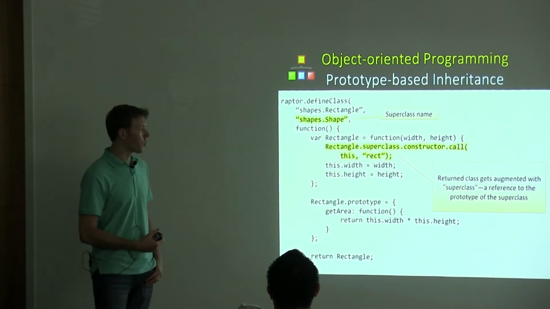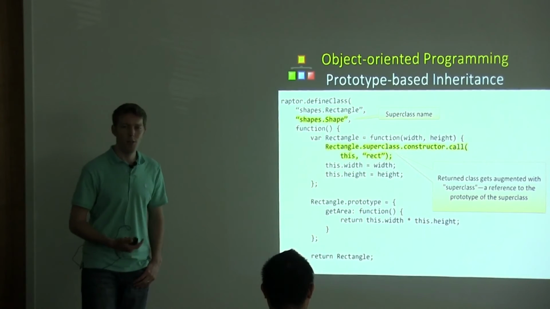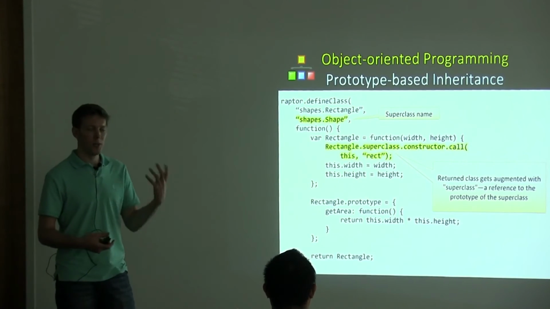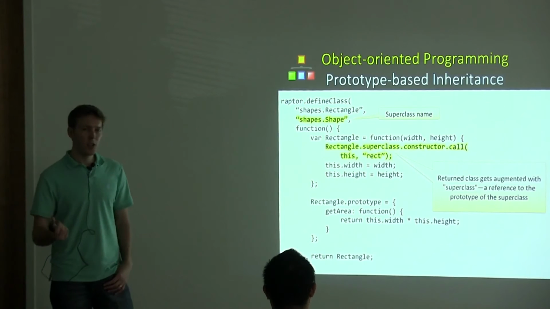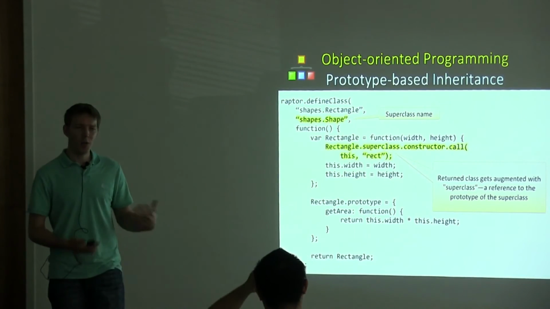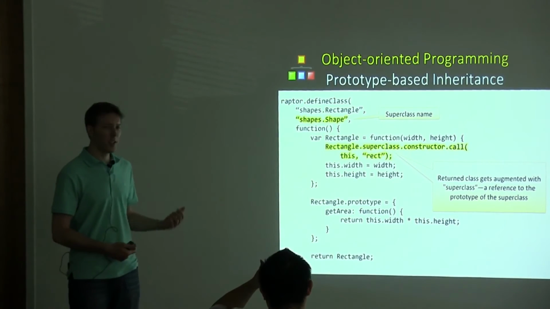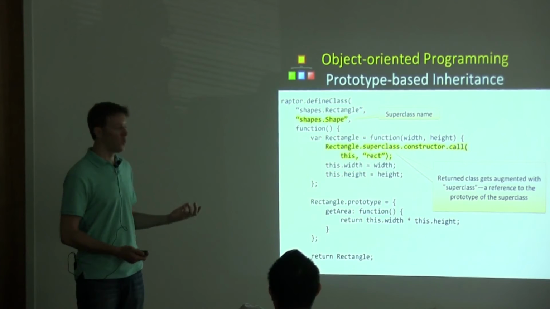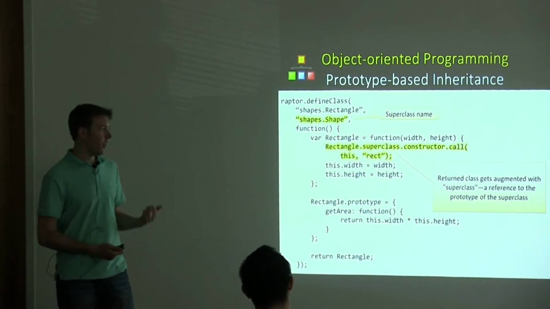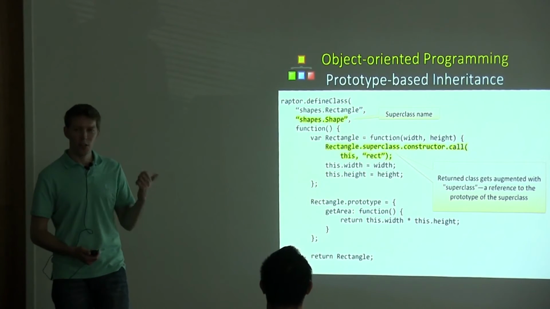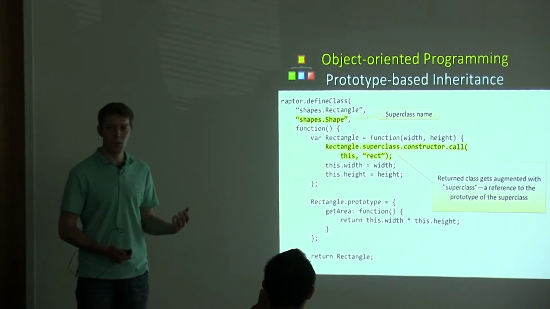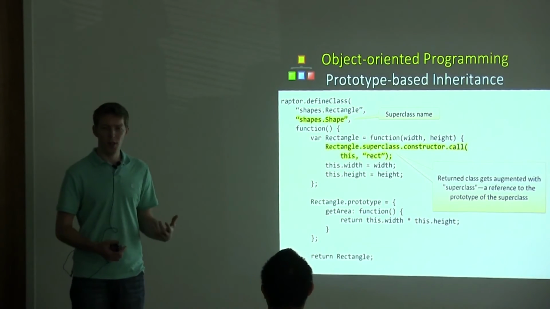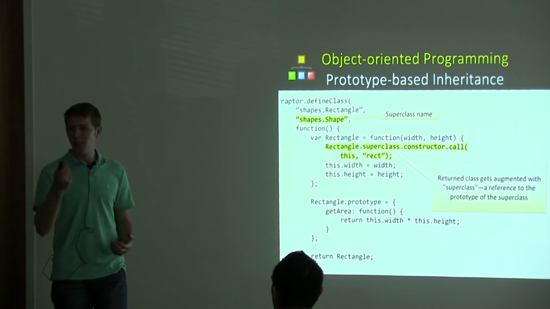We also have a nice little trick for invoking methods or using properties in the superclass: the returned class constructor function gets augmented with a reference to the prototype of the superclass. So you can use that same local variable that you return to call, in this case, rectangle.superclass. In this example, I'm only invoking the constructor function of the superclass, but you can invoke any property or method of the superclass. Yes, go ahead.